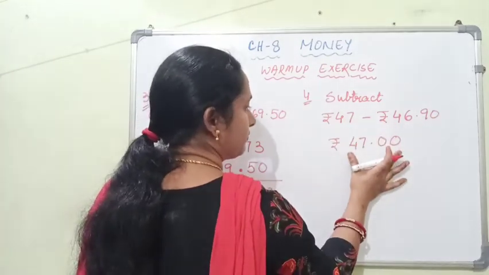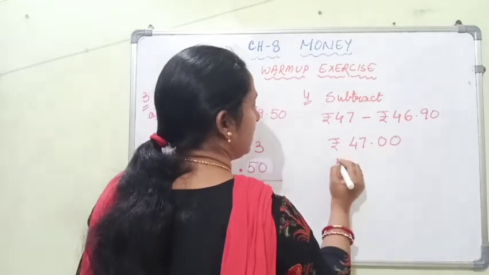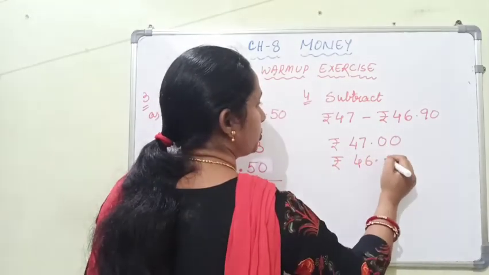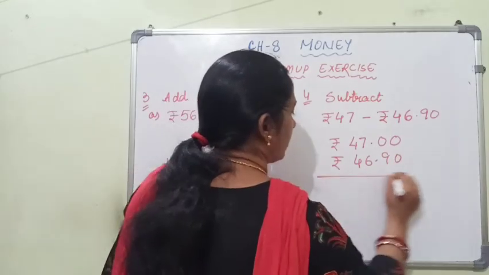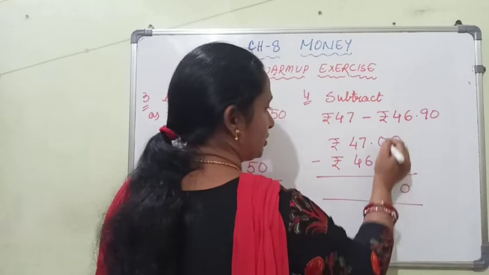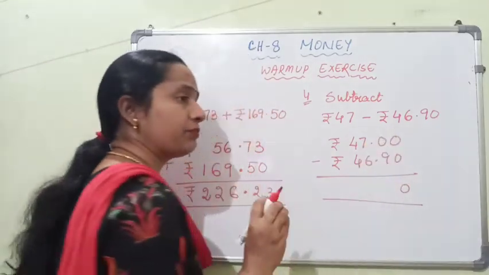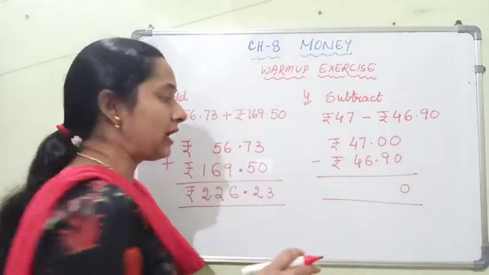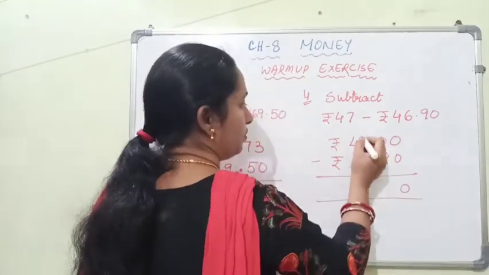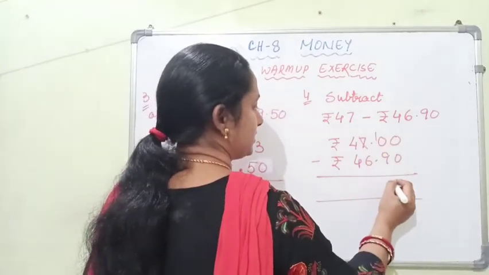The minuend we have written in terms of rupees and paise. Now write down the subtrahend also. It is 46 rupees 90 paise. Now subtract them. By subtracting you get 0 minus 0 is 0. Here the subtraction will be the same as we learnt in large numbers. So what you will do? Borrow, 10 minus 9 is 1.